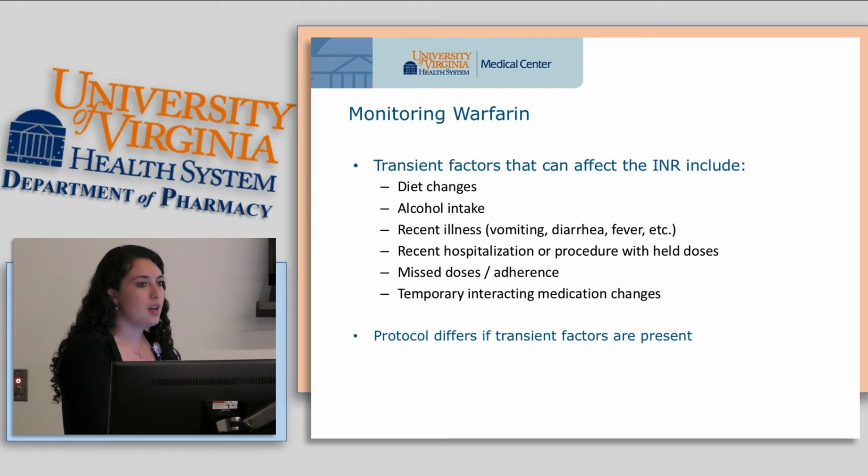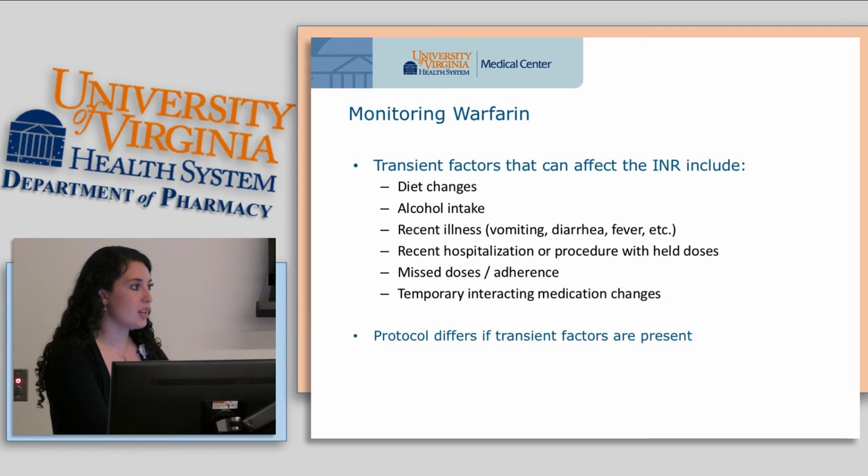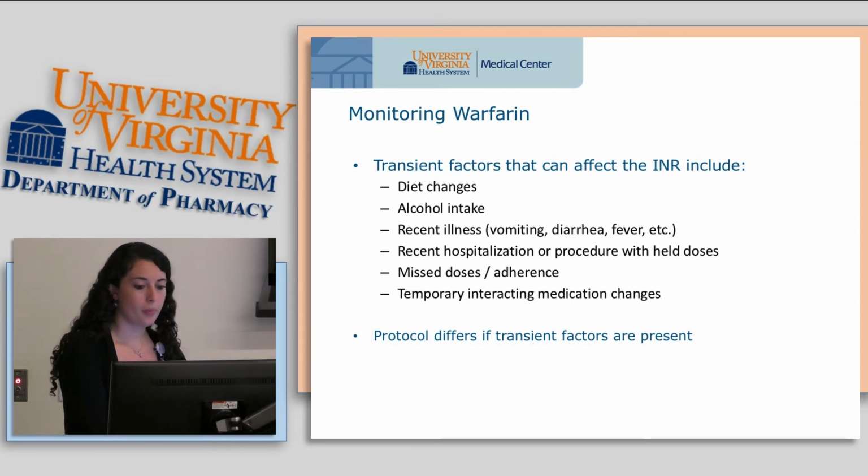And then if there are temporary interacting medications, so if they had 2 or 3 days of an antibiotic and now it's done. These are all things to think about if they're just temporary reasons, but not maybe something to make a full dose change for. And so on our protocol, there are 2 different columns, and one is for if there are transient factors present, and then another column of the action to take is if the answers to all of these questions were that they're not present.